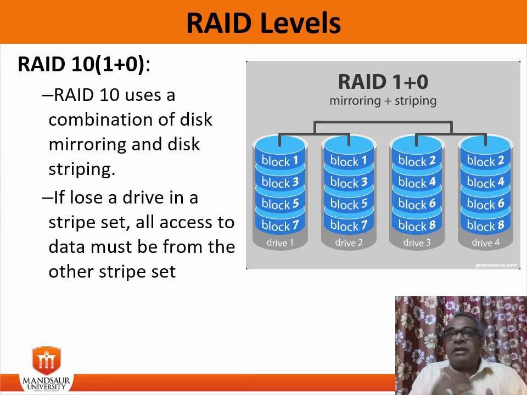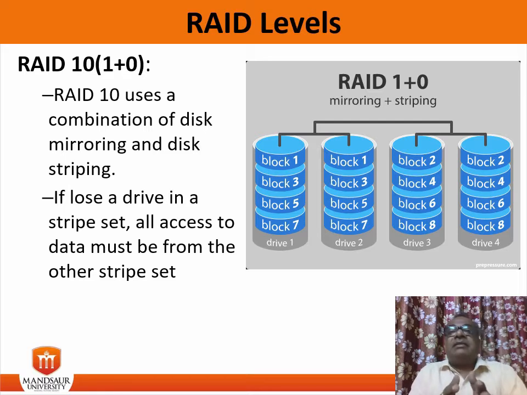Now if you lose a drive on a stripe set, all access to data must be from the other stripe set, because the stripe sets have no parity, and RAID 1 plus 0 requires a minimum of 4 physical disks. So it is possible to combine the advantages, and also the disadvantages, of RAID 0 and RAID 1 on a single system.